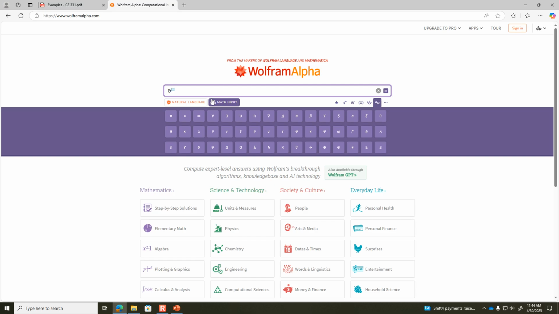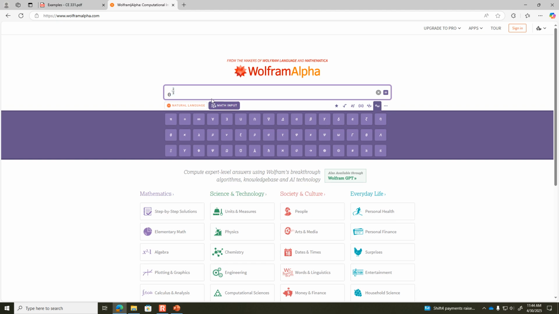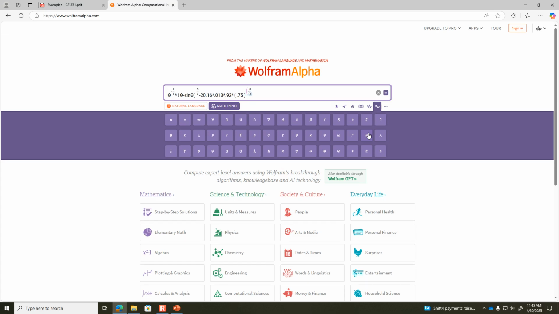Theta to the power of negative 2/3 times (theta minus the sine of theta), and that to the power of 5/3, minus 20.16 times 0.013 times 0.92 times 0.75 to the power of negative 8/3, times 0.008 to the power of negative 0.5, and then all of that is equal to 0.